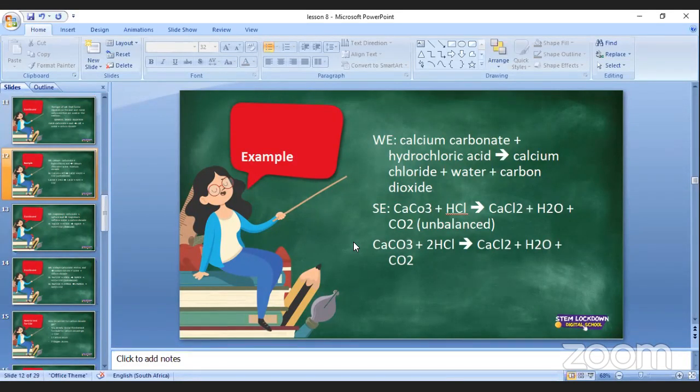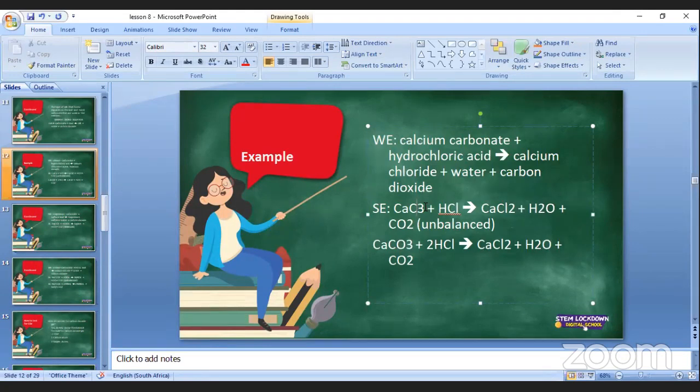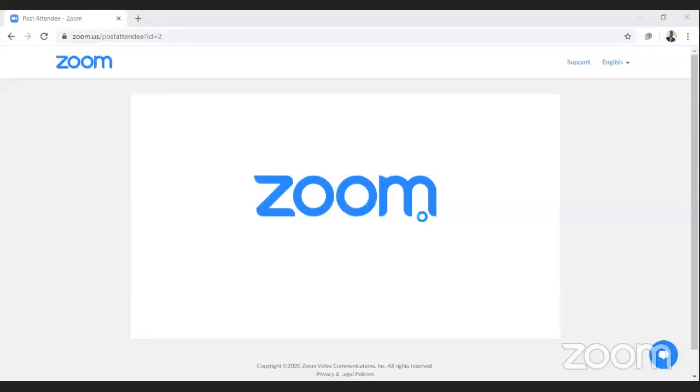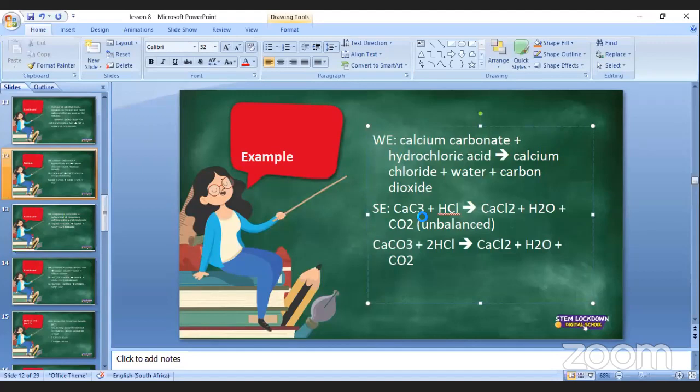At this stage, grade 9, you already know that when you see CO3, that's a carbonate. We're having a problem with the network, grade 9, but you can write this equation first.